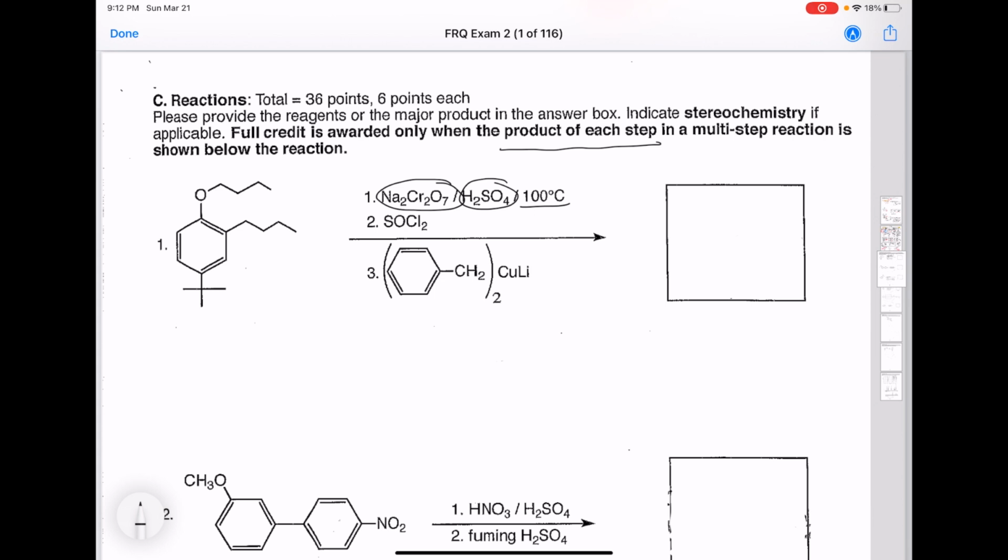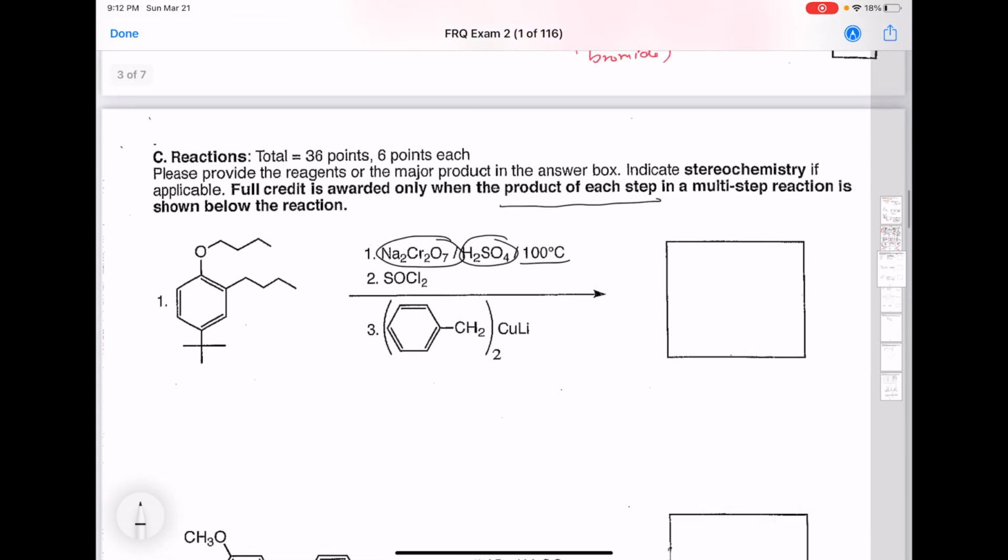We have seen this reagent before, sodium dichromate, and in Orgo 1 that might have been introduced to you as the Jones reagent, or the Jones part of the Jones oxidation reaction.